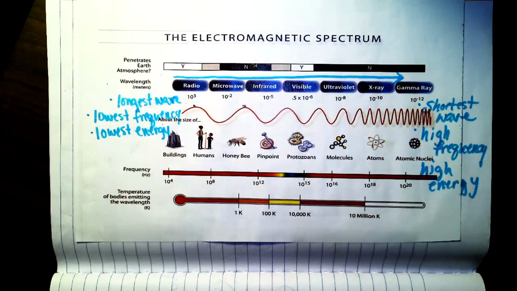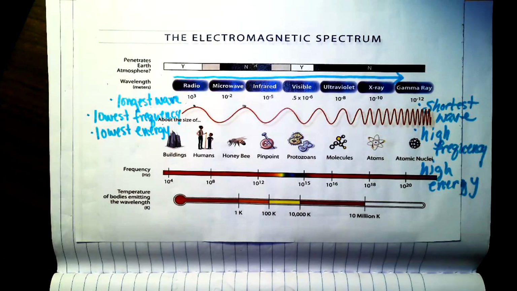For this portion, remember that between wavelength and frequency, there is an indirect or inverse relationship, meaning if wavelength is getting longer, then frequency is going down. Also, energy is going down as well. An inverse relationship is when one goes up, the other goes down.